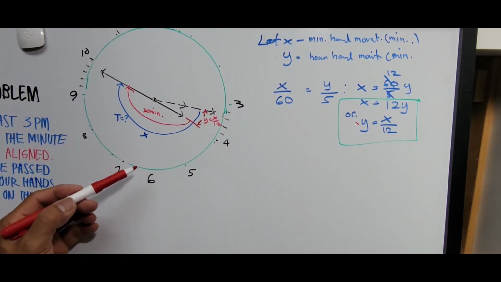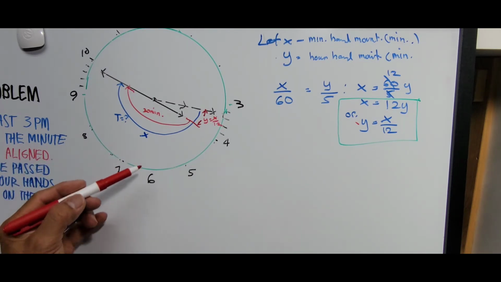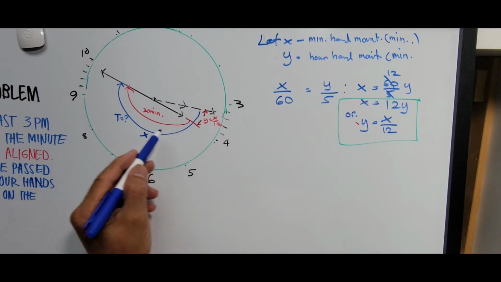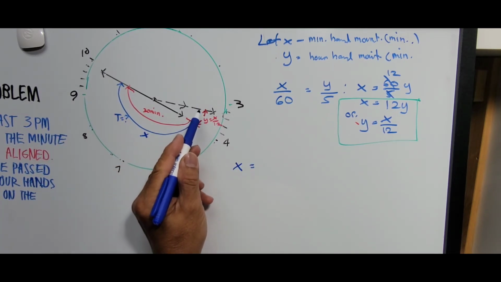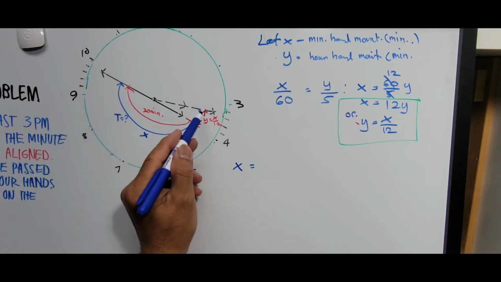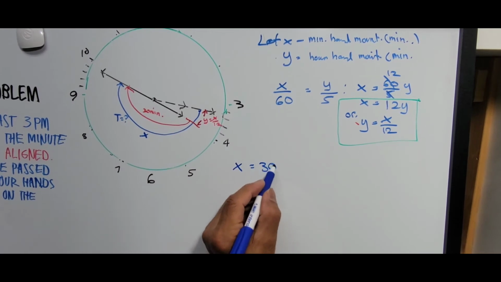All right. So how are we gonna find the equation right there? So x, the movement of the minute hand x, that means this whole thing from here to here is equal to 30 minutes, right?